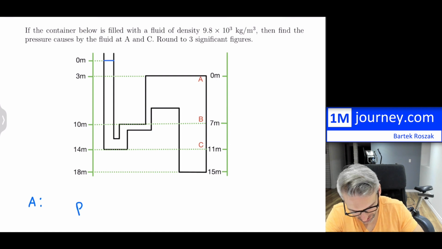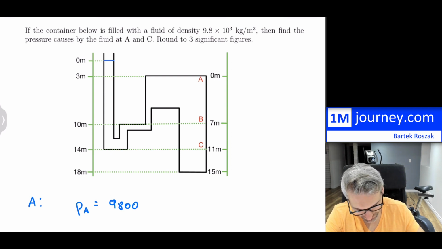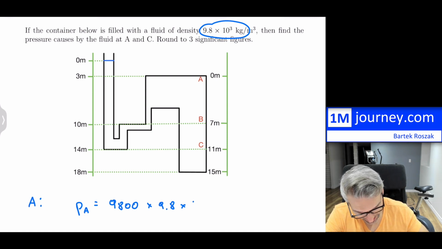The pressure at the point A is going to be the density, from right here, multiplied by 9.8, and then multiplied by the actual height or depth, and this would have been 3 meters. And again, the 3 meters is because here's the top, and this is completely enclosed. So that pressure keeps passing.